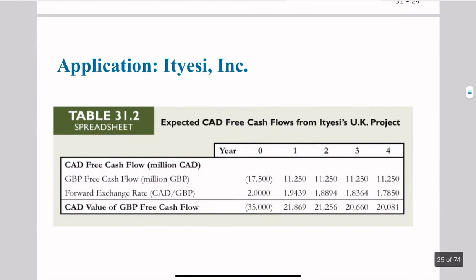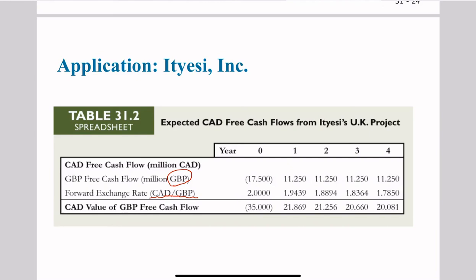So we have got these cash flows in British pounds, and then we can do the conversion here. Note that for this exchange rate, its unit is CAD per GBP. So if you want to convert from GBP to CAD, then you should use the free cash flow in GBP times this forward exchange rate, right?